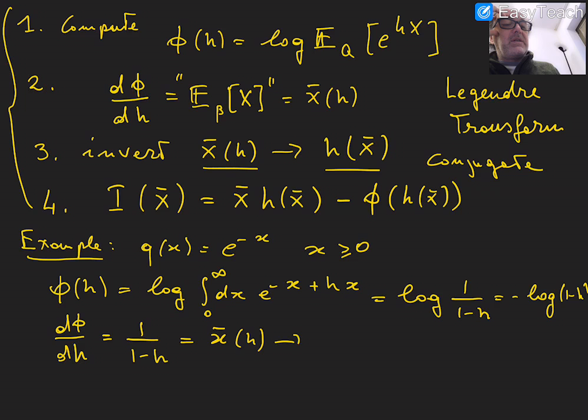And so the third step is to invert this relation. So you take 1 over x bar, and you get that h of x bar, if I'm not mistaken, should be 1 minus 1 over x bar. Okay?